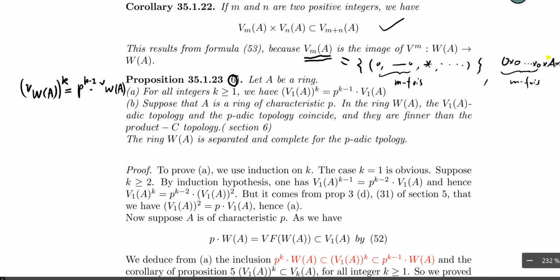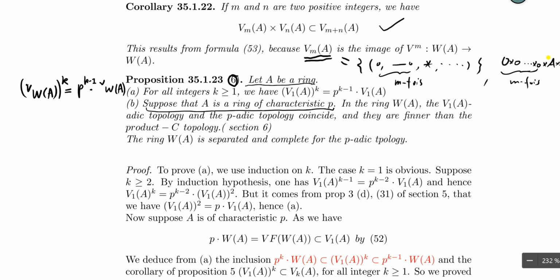When we write like this, it doesn't suppose the characteristic of A is p. In the second statement, we suppose characteristic p. In this case, we don't assume the characteristic of A is p. We will see how we prove A, for example. To prove A, we use induction on k. The case k equals 1 is obvious.